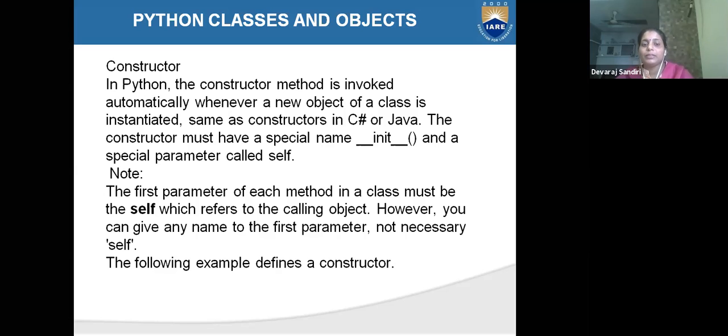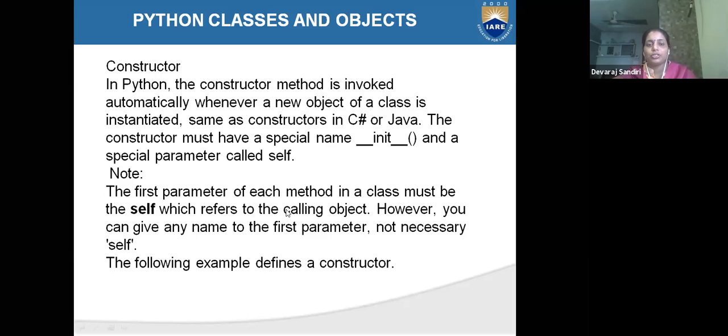The first parameter of each method must be self, which refers to the calling object. However, you can give any name to the first parameter, it is not necessary to use self, but self is the standard name we use in Python.